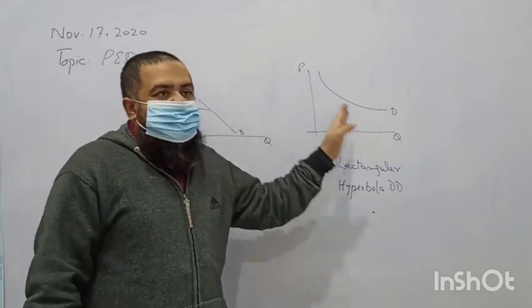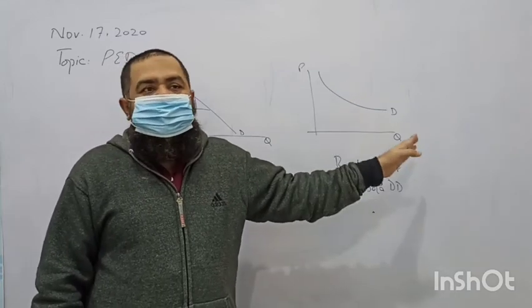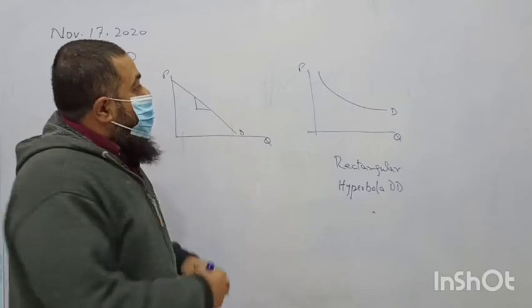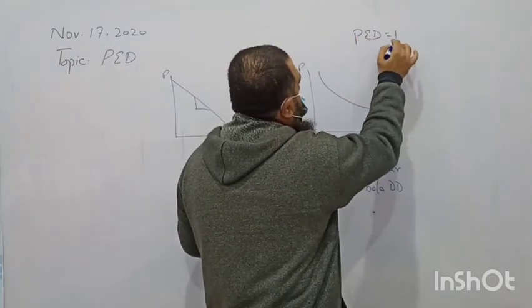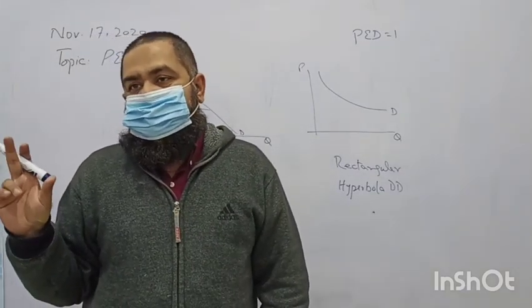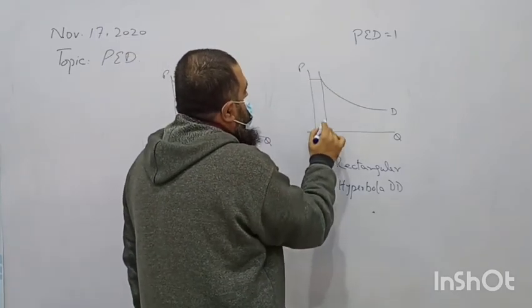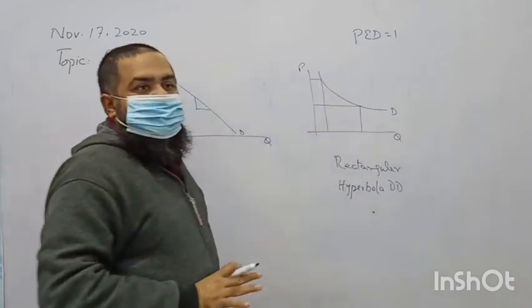Hyperbola means it has a different slope. First it is steeper, then it becomes flatter. Okay? This hyperbola demand curve has price elasticity of demand equal to 1, unitary elastic. Because any percentage change in quantity and price will cancel out.